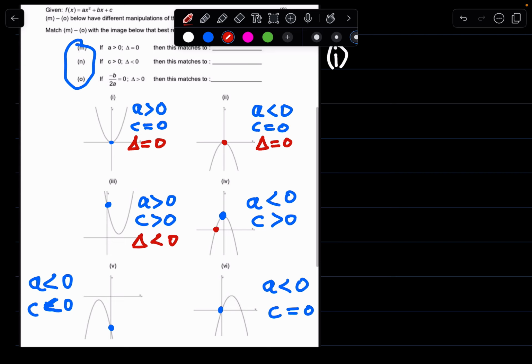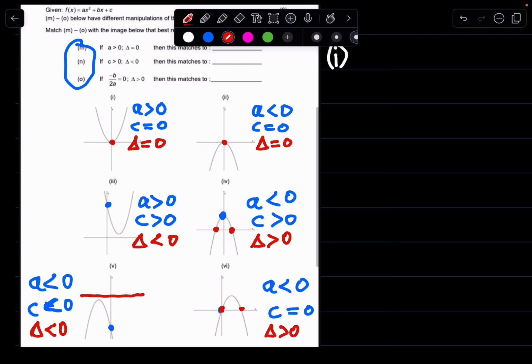And then here we touch the x-axis twice, so delta will be bigger than 0. Here delta would be less than 0 because we do not touch the x-axis at all. Here delta would be bigger than 0 because we touch twice. So when you touch once, you have equal roots.